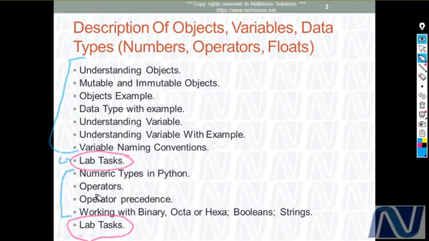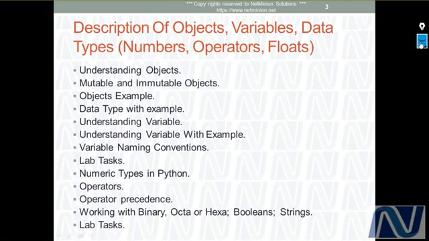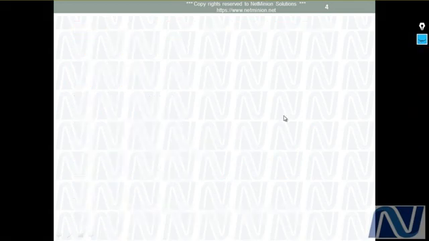Again, if I am talking about operators, or how to deal with hexa, bytes, and octa, these are things we need to do in our complex programs. Lab guides are always there to help you understand the same.